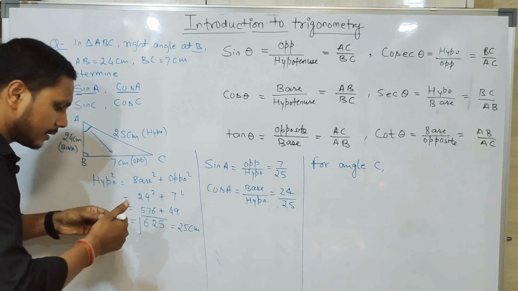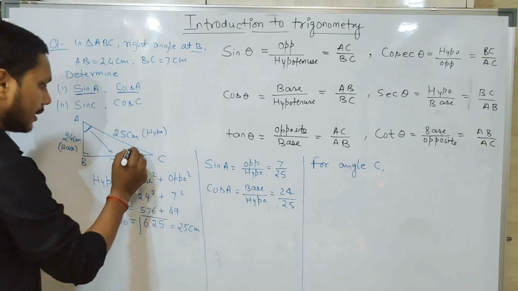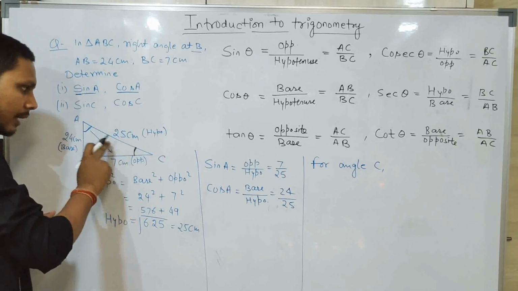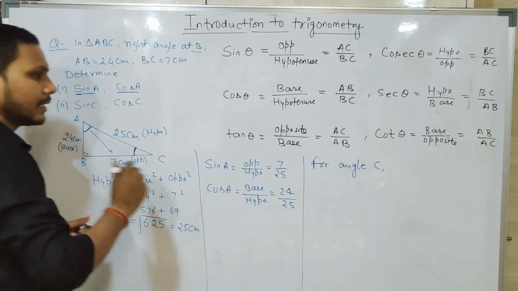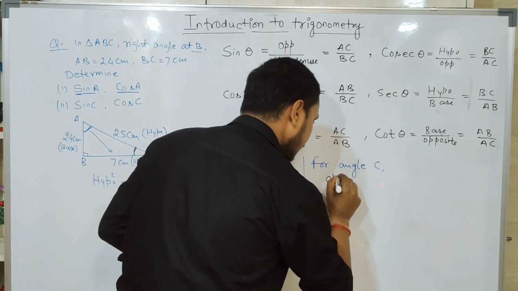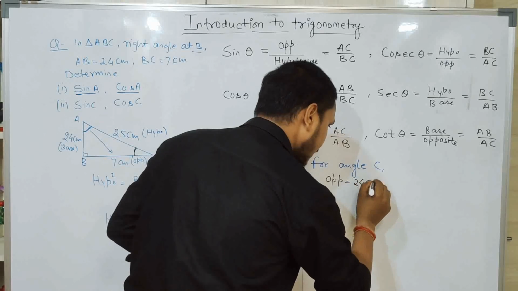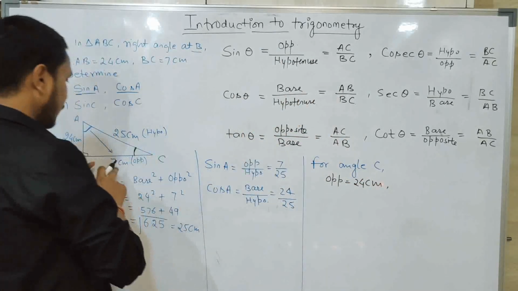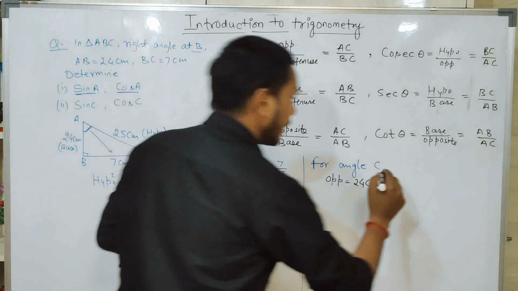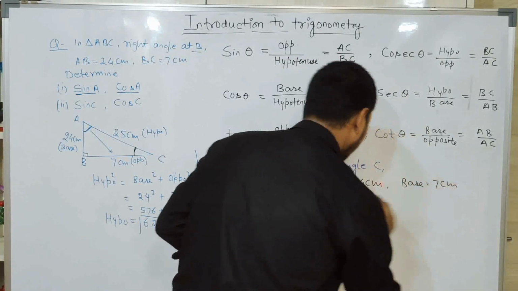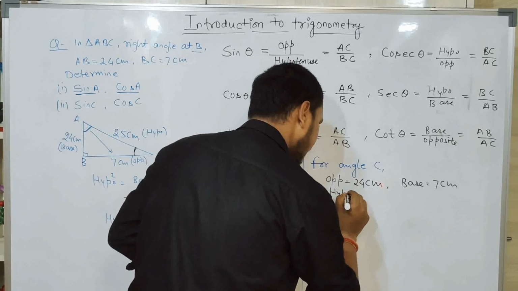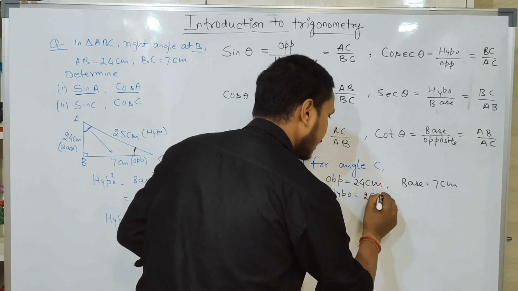Now we are talking about this side. Now opposite to angle C becomes opposite. So opposite equals 24 centimeter, and which was 7 centimeter becomes base. So base equals 7 centimeter, and we know that hypo never changes. So hypo equals 25 centimeter.